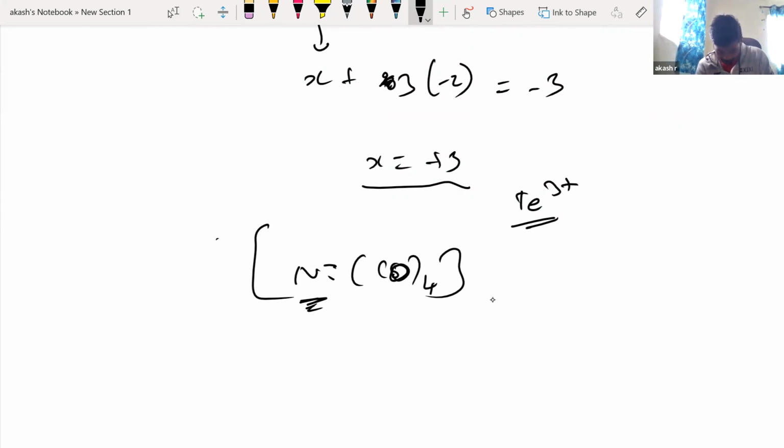This is carbon monoxide, and this is the entire coordination sphere. What is the oxidation number of nickel here?